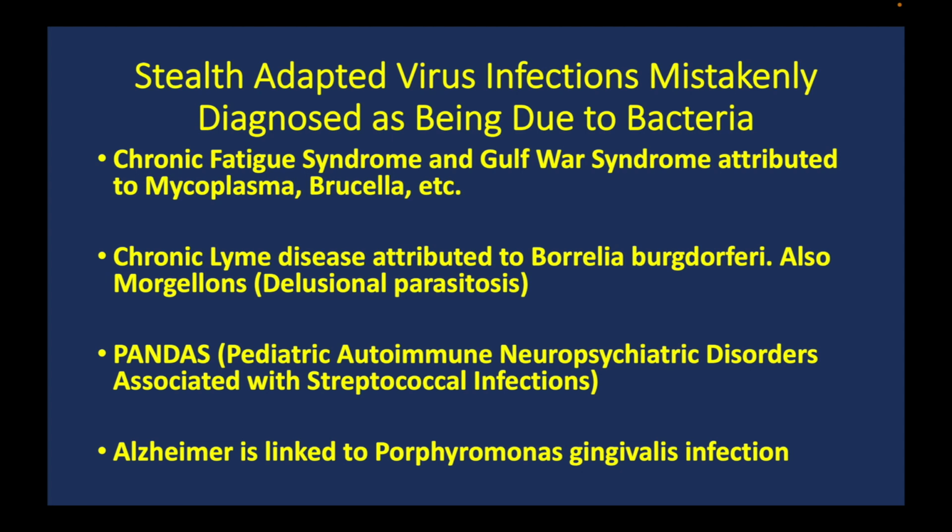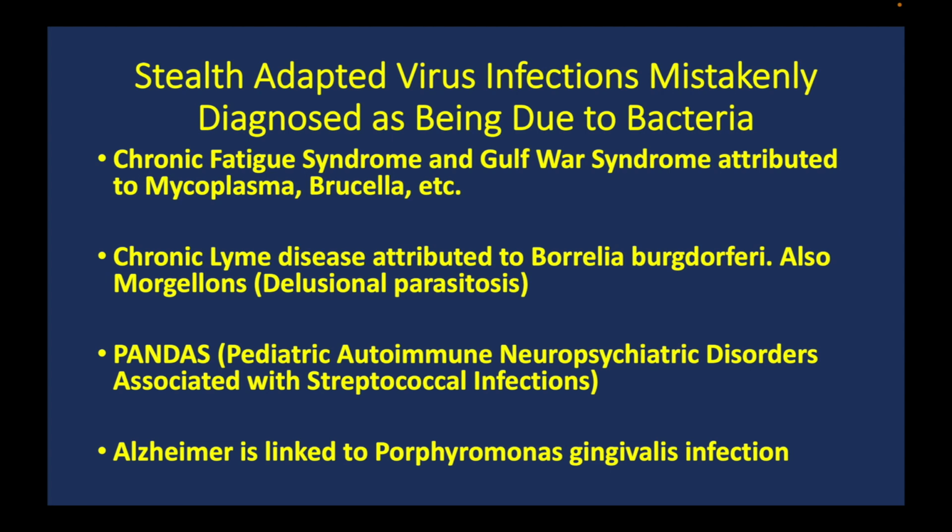But again, the mainstream people pursuing Morgellons see it now as a Borrelia infection because there are some Borrelia sequences in some of the patients diagnosed with Morgellons disease. Again, from my own studies, all the Morgellons patients who have been tested have a stealth-adapted viral infection.